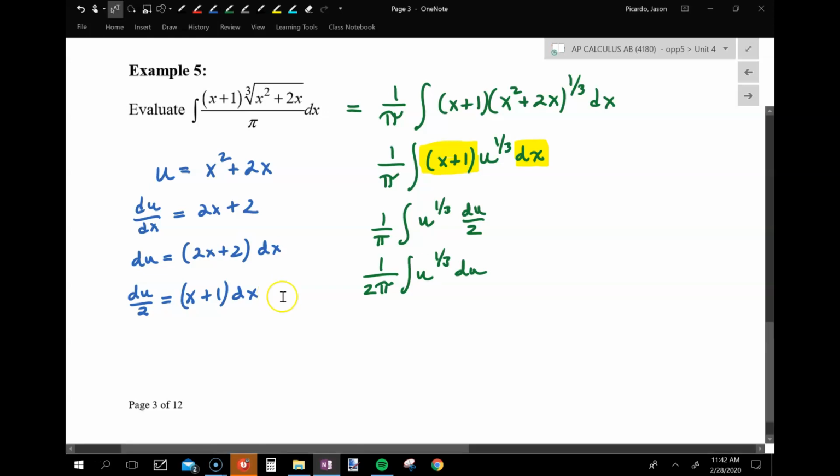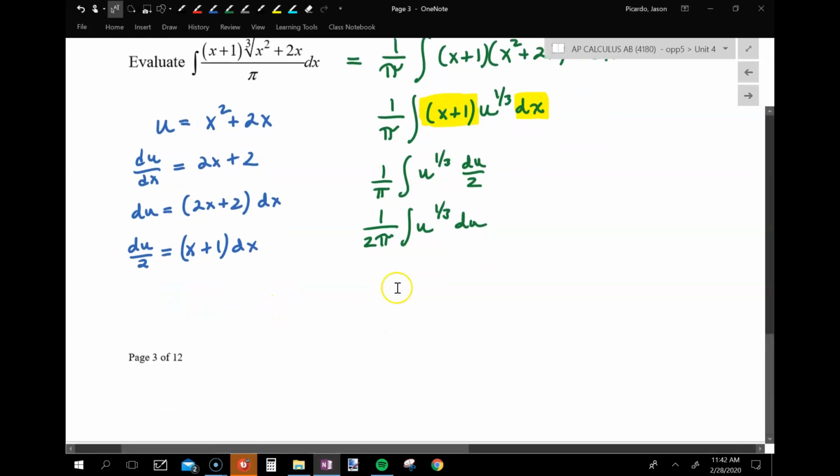Integral. Yeah, now, I haven't taken the integral yet. What's the integral of u to the 1/3? Add 1, right? So I'm going to add 3/3. So the power is 4/3. Now I got to correct it. So what do I put in front of that? 3/4. But what was already in front of everything? 1 over 2 pi. What do I got to remember not to forget?